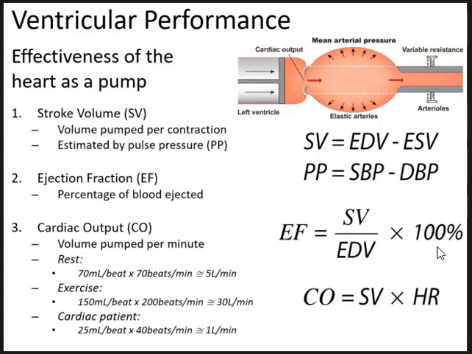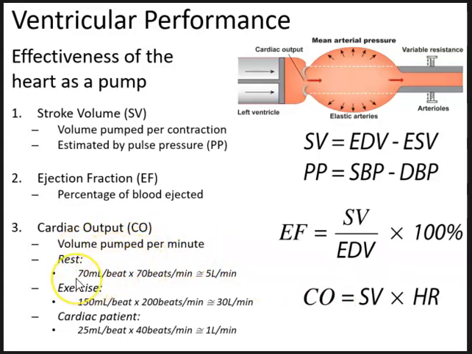Cardiac output is the volume of blood pumped per minute. We know that cardiac output, the formula for that is stroke volume times heart rate. And we can calculate cardiac output during 3 different conditions. Here we can see at rest.